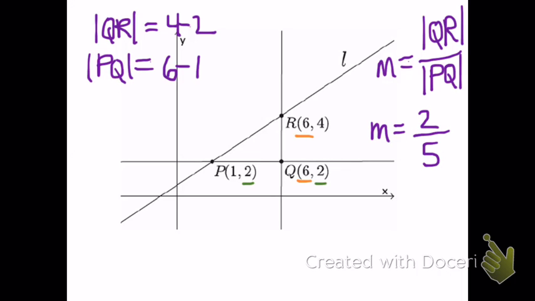There's my 2. And so I could just look at the points P and R and I could say, oh, look, the difference in the y coordinate is 4 minus 2, it went from 4 to 2. And the difference in the x-coordinate is 1 going up to 6.